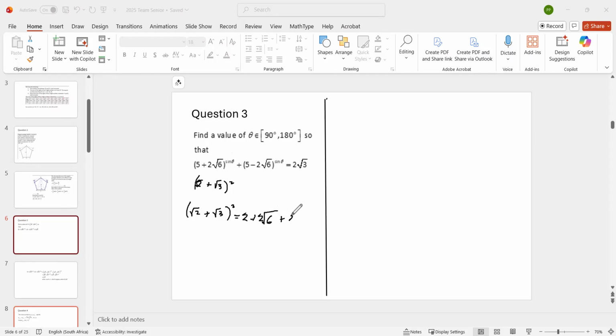And plus 3, and that is equal to 5 plus 2 root 6. So this quantity here is a square, right? And I think we can see quite quickly that the other one will be root 2 minus root 3 all squared.